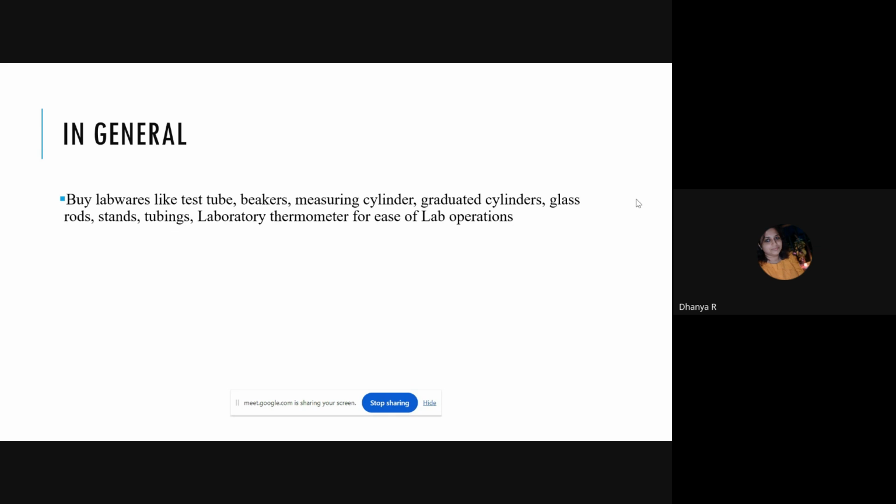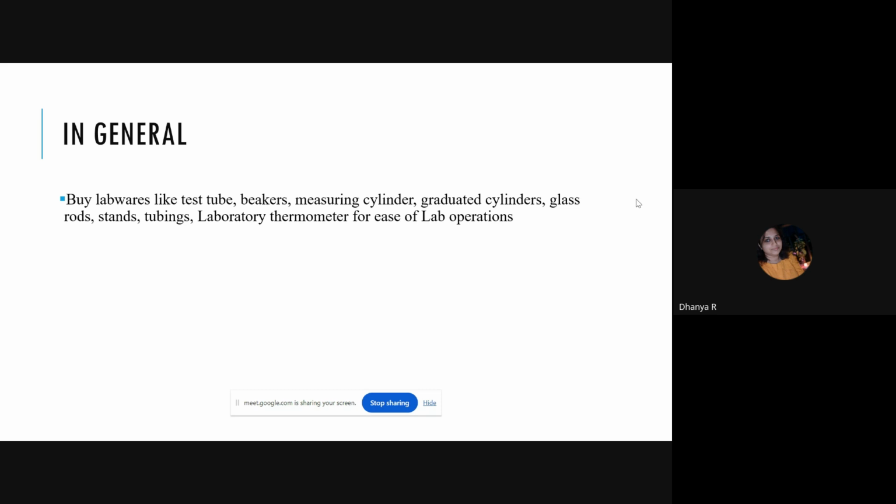You should be buying common labwares like test tubes, beakers, measuring cylinders, glass rods, stands, and tubing. Stands and tubings are not mentioned in the MSR. So you should be buying a burette stand, and tubings for the Soxhlet apparatus and also for the viscometer.